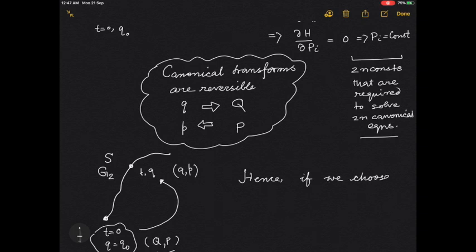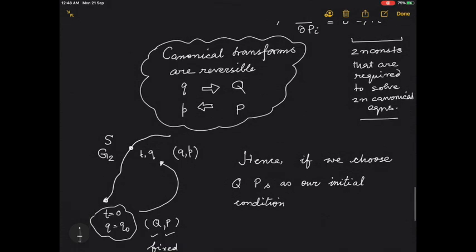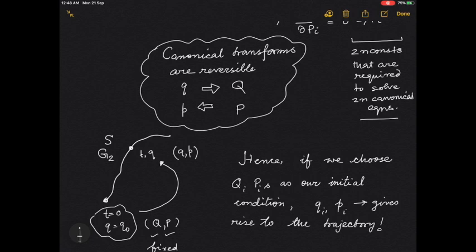Hence, if we choose capital Q's and P's as our initial condition, the small q's and the small p's give rise to the trajectory.